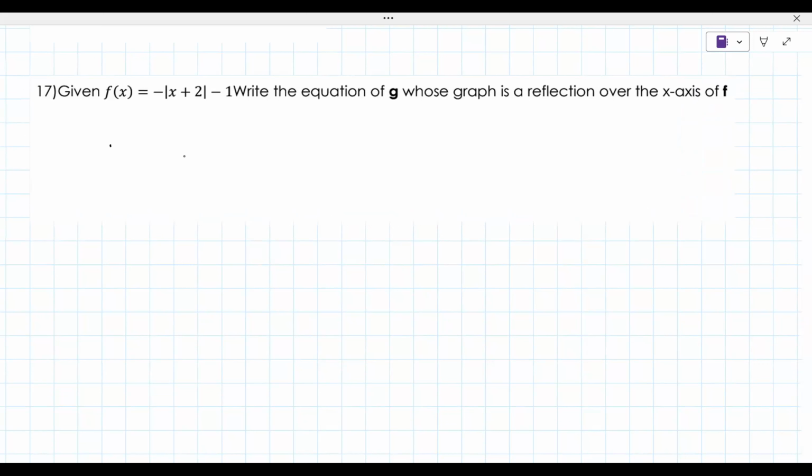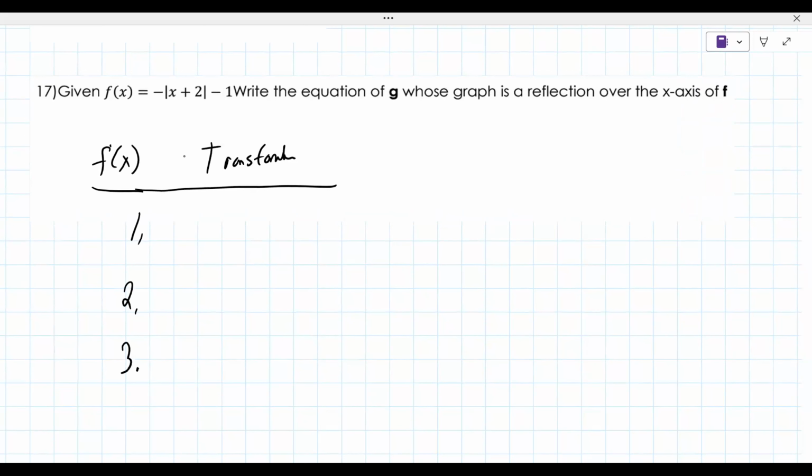What I would like to do here is start with what are the transformations of f of x, and there's actually three of them: 1, 2, 3, and the order matters. A lot of students don't want to buy into that because they just think they'll just put them all down like that.